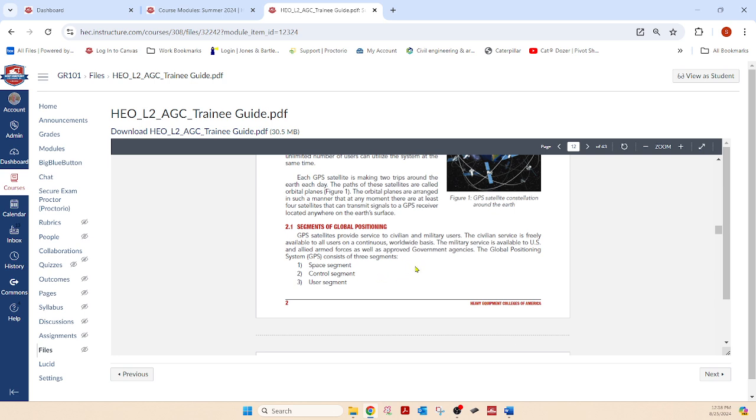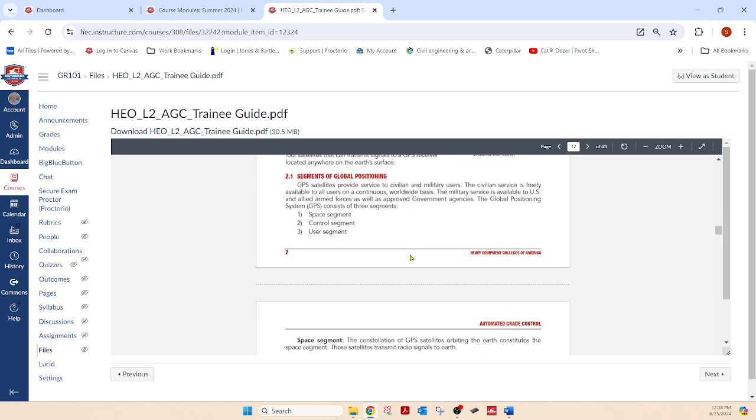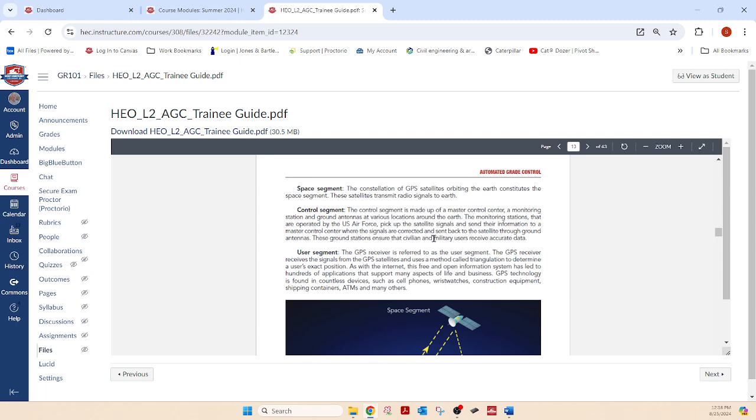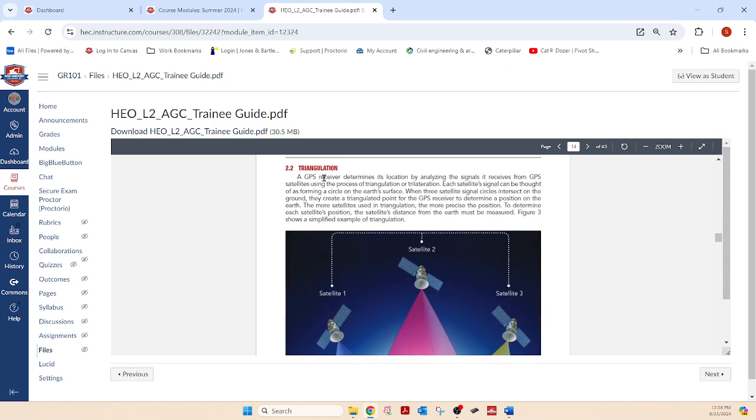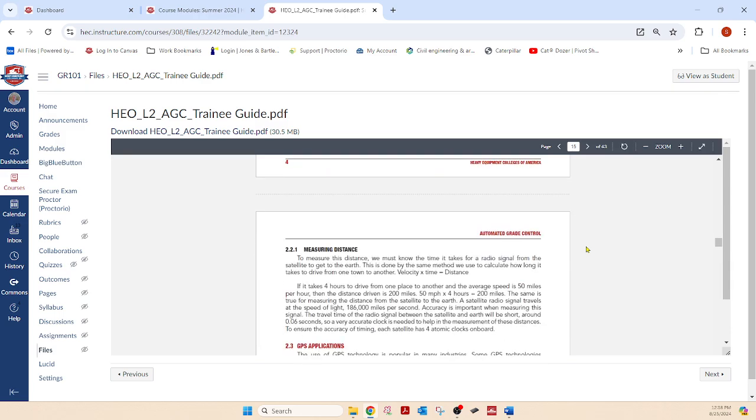You should be able to describe triangulation. Now, this is all leading into it through the segments, as you can see, but here is a definition of triangulation, and it has other names too, but we're not going there. What page is that on?